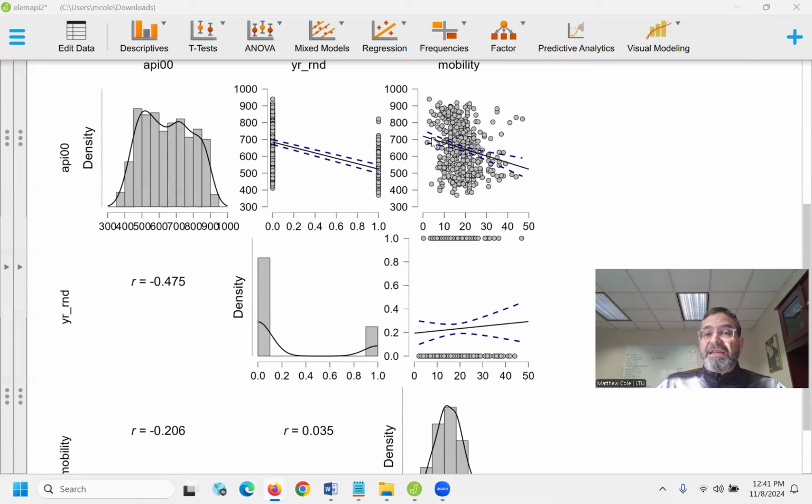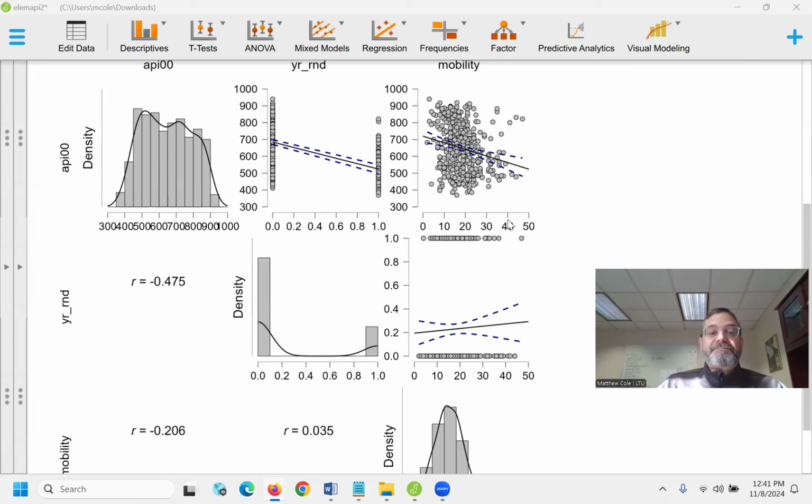And we see that academic performance is decreasing as we increase the percentage of students who are coming into the school for the first time. And the dashed line is showing us the 95% confidence interval around that best fit line.